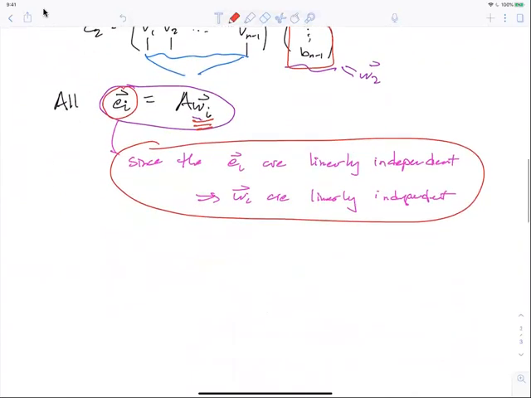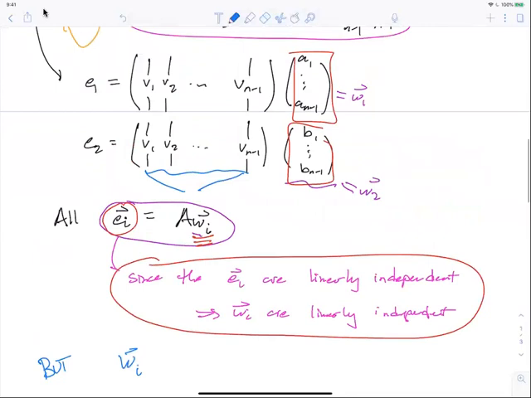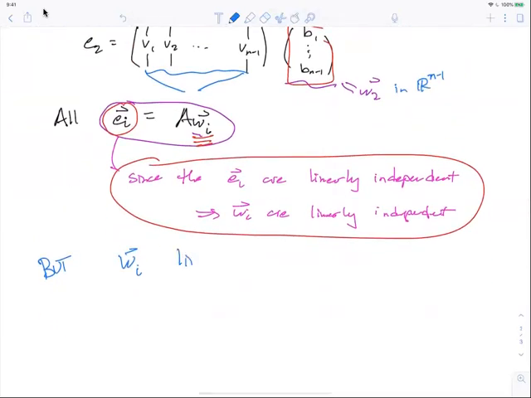All right, but now here's our big but. Those W_i's, what space do those live in? They're in R^(n-1). So the W_i's live in R^(n-1), but there are n of the W vectors.